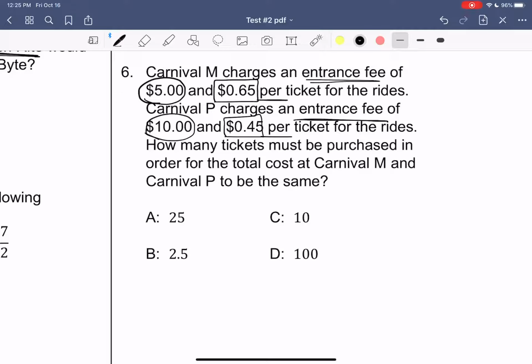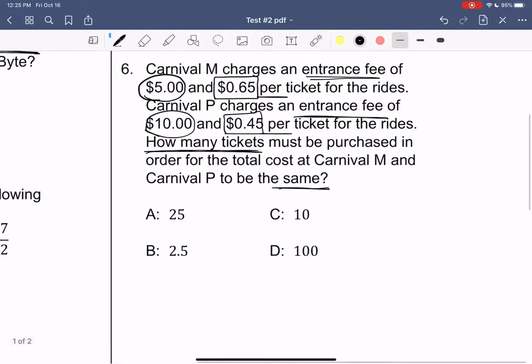So we're looking for, in the other ones we've had to just write the equation, and in this case our answer choices aren't equations, so that means they're asking us to solve how many tickets must be purchased for them to be the same. So I'm going to go ahead and write Carnival M, which was $5 plus 0.65x.